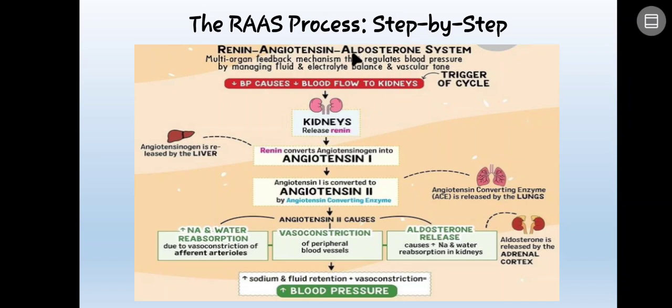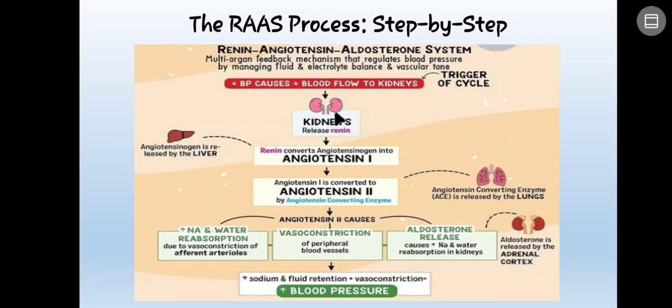And they would also send a signal. The reduced sodium concentration will additionally send a signal to the juxtaglomerular cells to release the renin. So the whole idea is that it is this renin that actually starts the whole process.